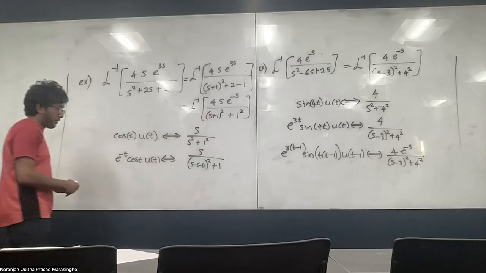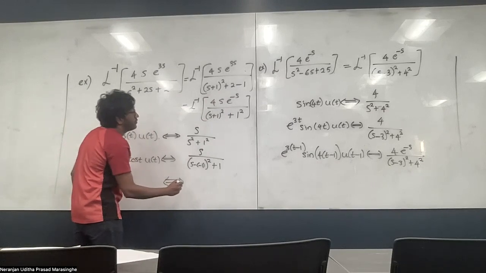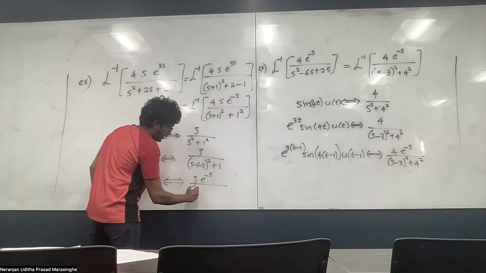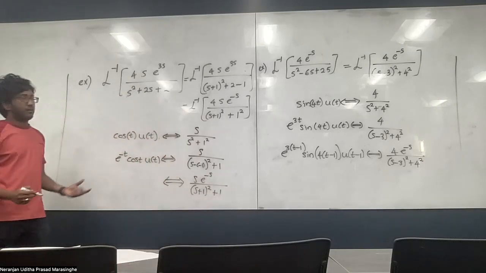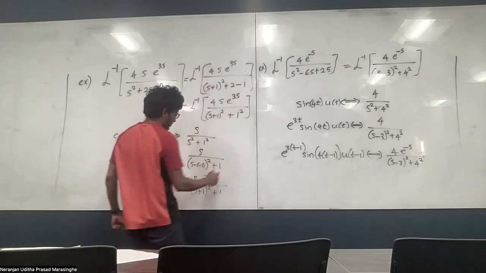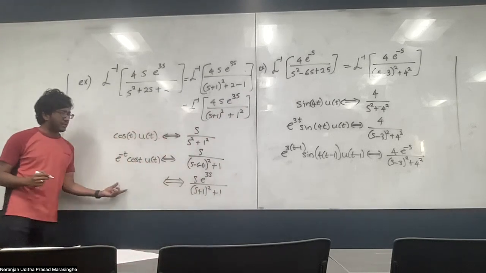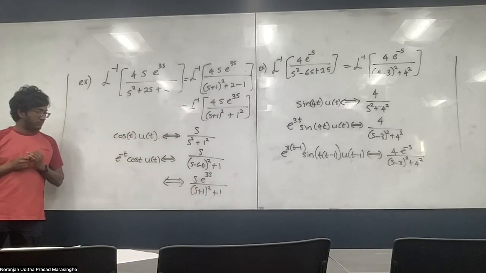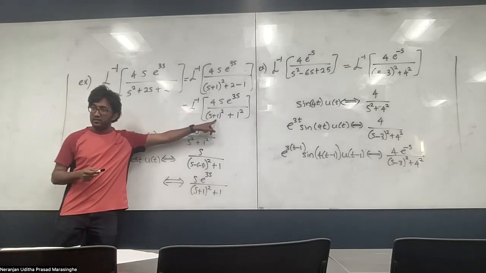So s times e to the 3s in the Laplace domain. What is the translation that I need to apply in the time domain? It is negative, because it came from here, due to this translation.